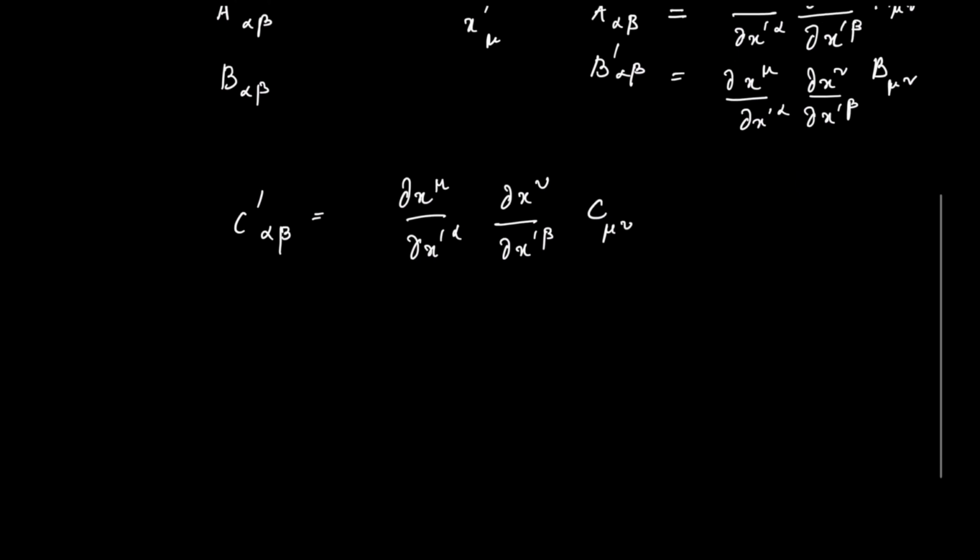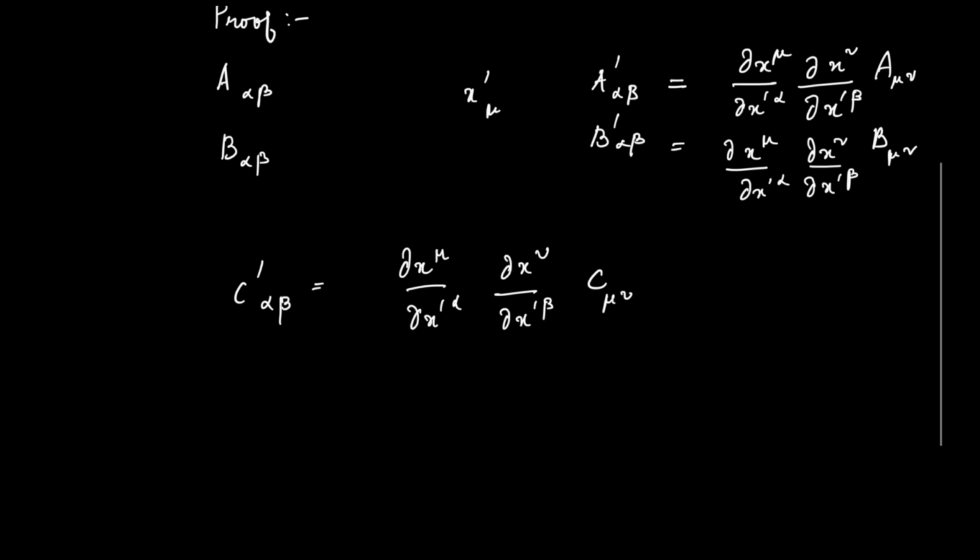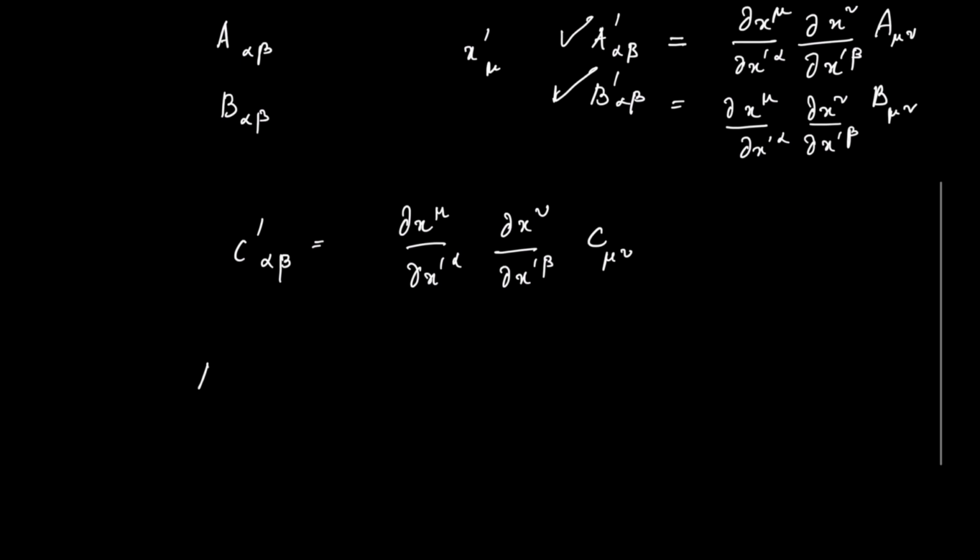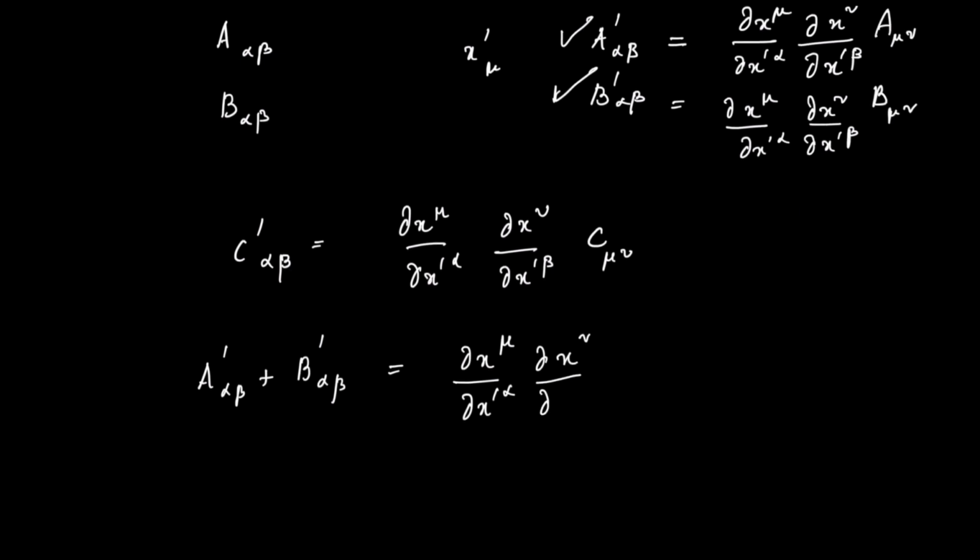And if I add A prime alpha beta and B prime alpha beta, I will get A prime alpha beta plus B prime alpha beta is equal to partial derivative of x mu with respect to x prime alpha, partial derivative of x nu with respect to x prime beta, A mu nu plus partial derivative of x mu with respect to x prime alpha, partial derivative of x nu with respect to x prime beta, B mu nu.